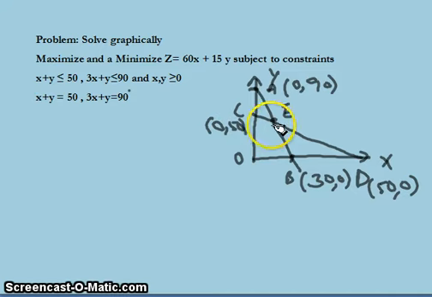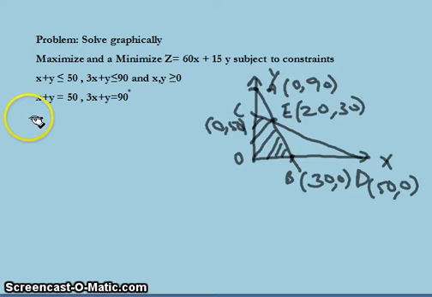Now we can see that the points forming the area, that is C, E, B and O, that is this shaded area, represent a bounded region. Therefore we can evaluate Z, the objective function, which is equal to 60x plus 15y at each of these points, and point E here has the coordinates 20 and 30.